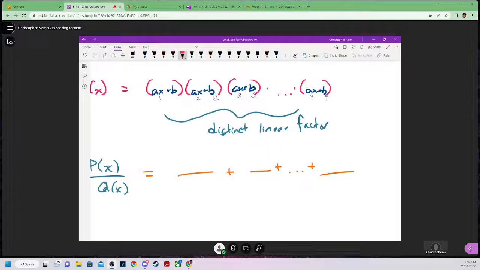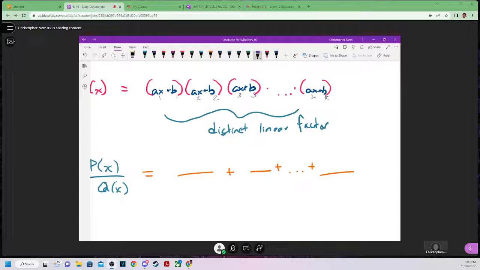Let's just keep multiplying it k times. So instead of to the fourth, I'm going to erase this and put k. There are k distinct linear factors. Not 4, there's k. So it could be 6, it could be 4, it could be 8, it could be 20. I don't care.